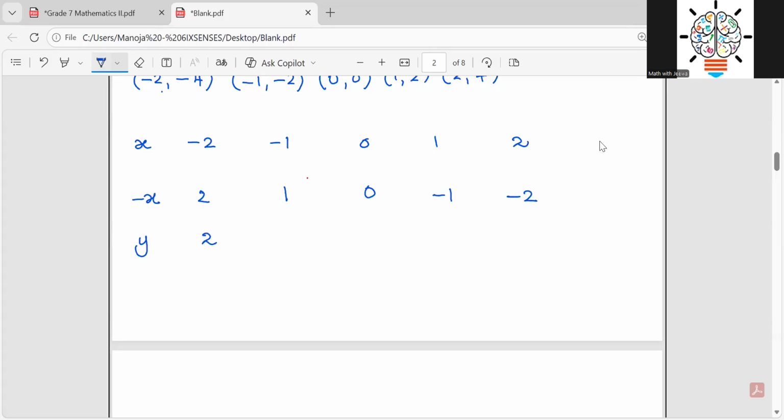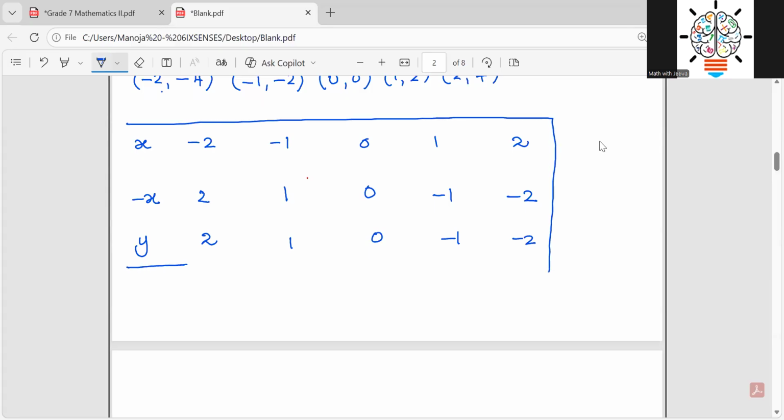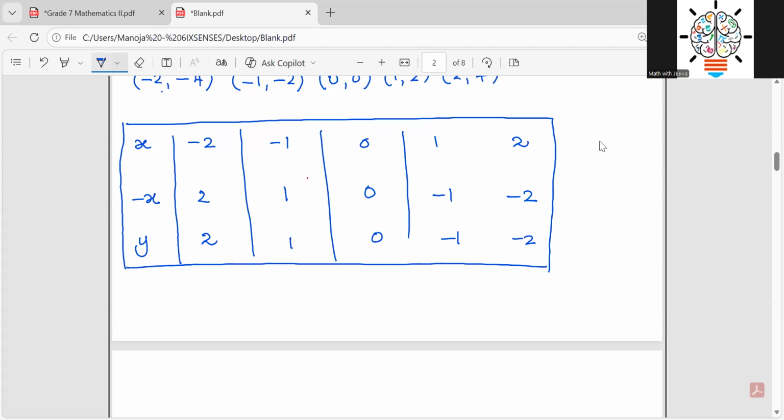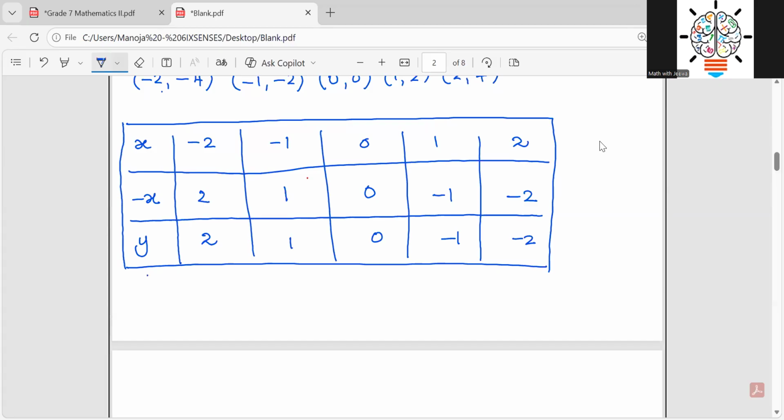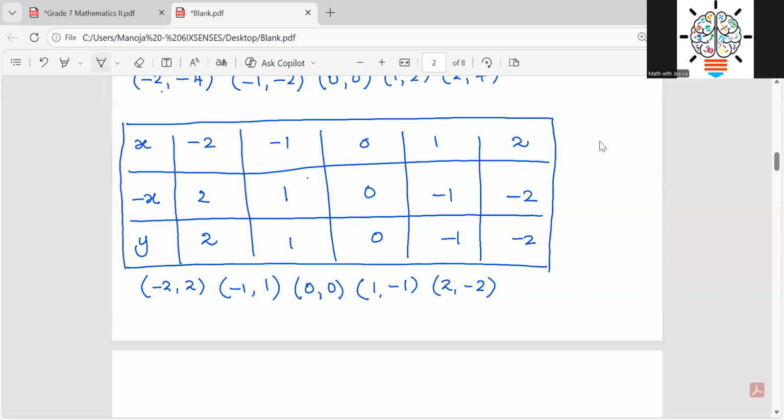So then y is equal to the same negative x value. Then I write -2, 2, then -1, 1, then 0, 0, then 1, -1, then 2, -2.